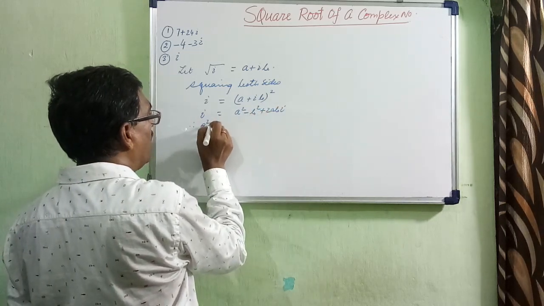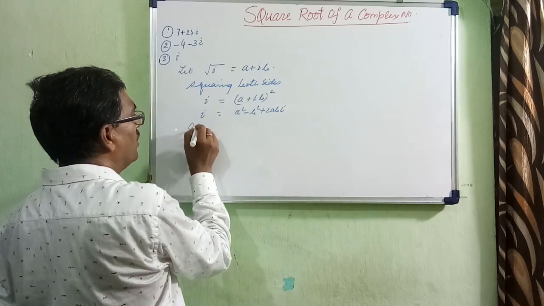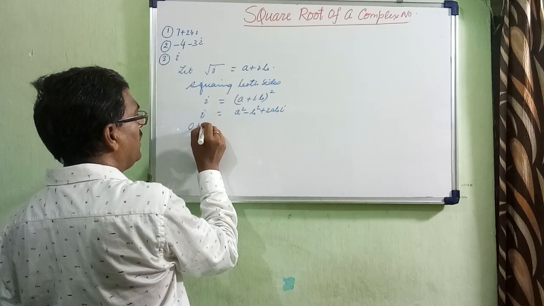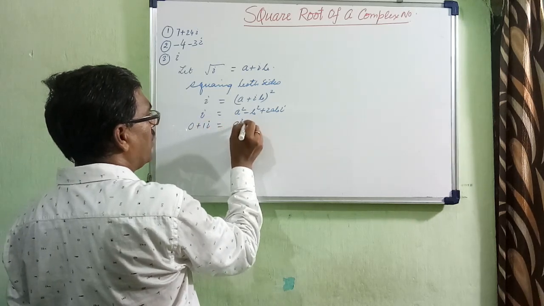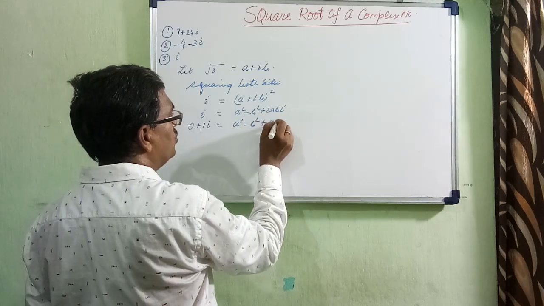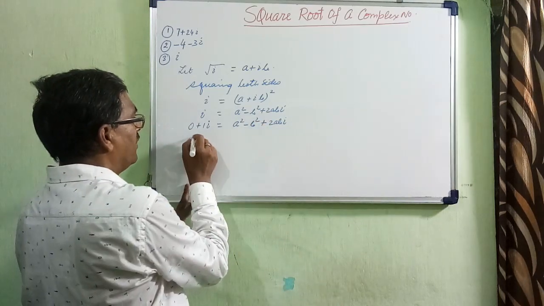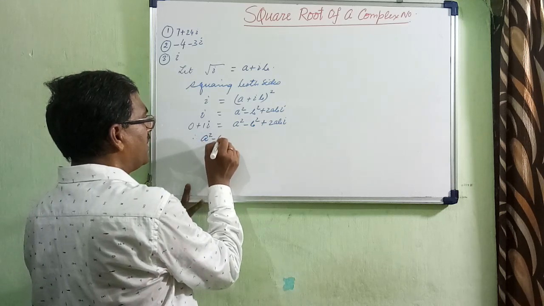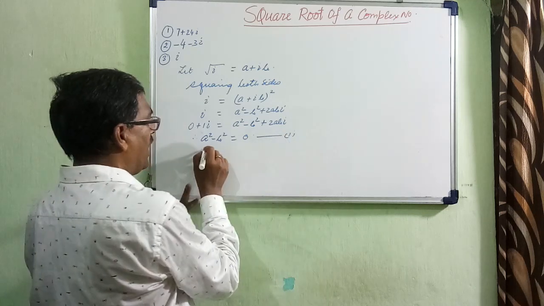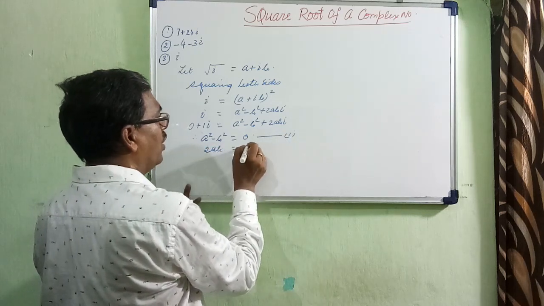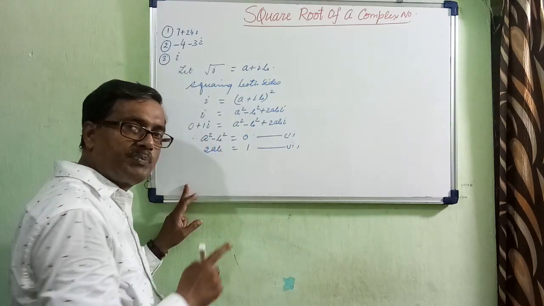Therefore, a square minus b square plus 2abi can be written as 0 plus 1 into i. Can you compare the real part? Therefore, a square minus b square is equal to 0, equation number 1, and 2ab is equal to 1, equation number 2. Now we need to find a square plus b square.